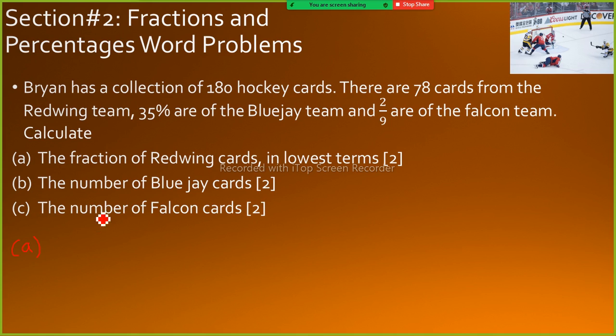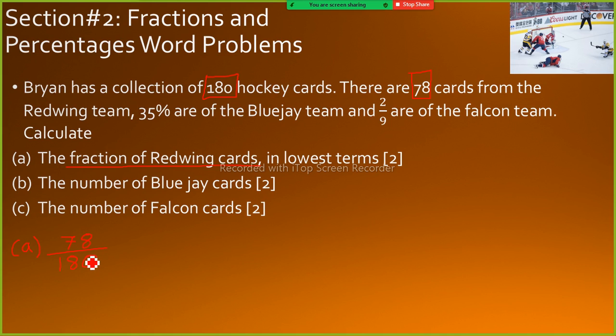No, we just want the fraction of Red Wing cards. Oh, 78 over 180. Very good. So there's 78 Red Wing cards, and there's a total of what? 180 hockey cards. So just 78 over 180 is your answer.